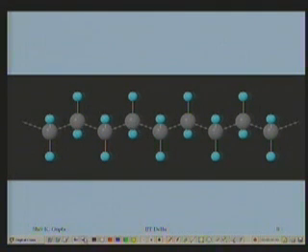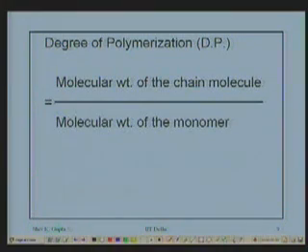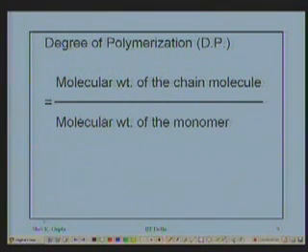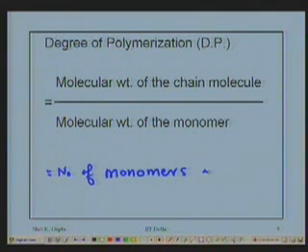How many such monomers are there on this chain is called the degree of polymerization of the chain. So if I know the molecular weight of the chain molecule, divided by the molecular weight of the monomer, it becomes the degree of polymerization. In other words, it is equal to the number of monomers in the chain.